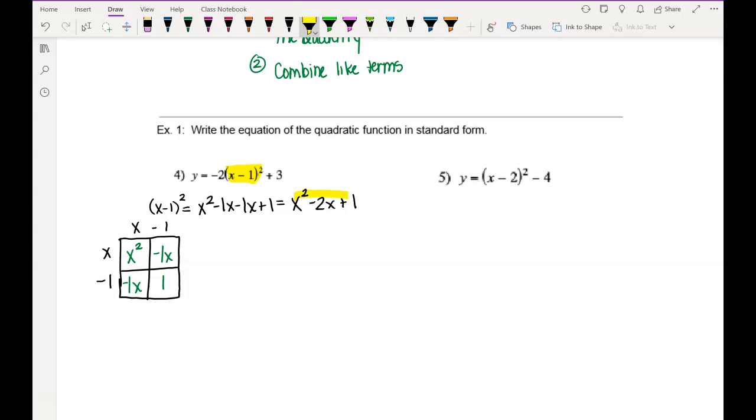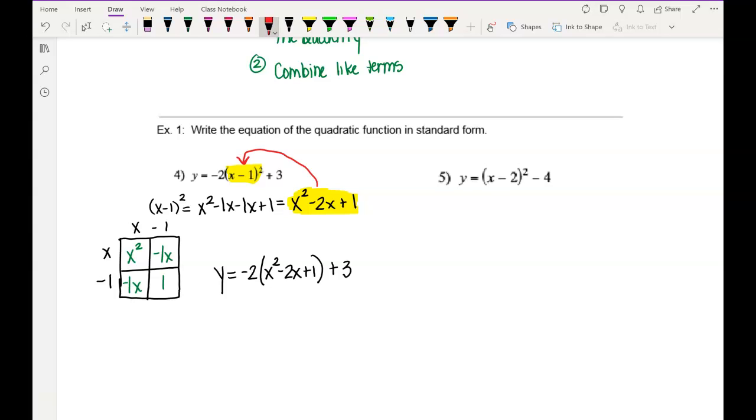So that value is going to take the place of that parentheses. So when I go to rewrite that, I have y equals negative 2 times the quantity x squared minus 2x plus 1, and then plus 3 at the end.